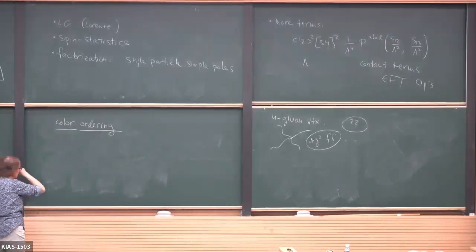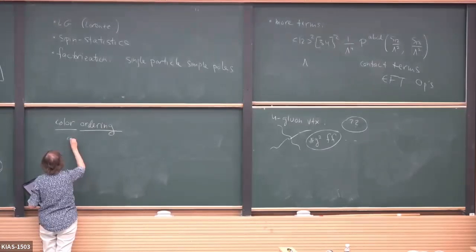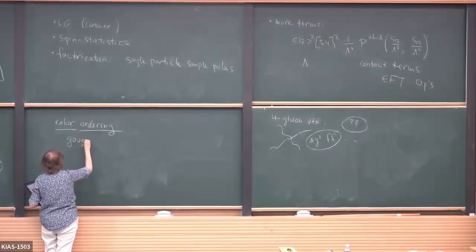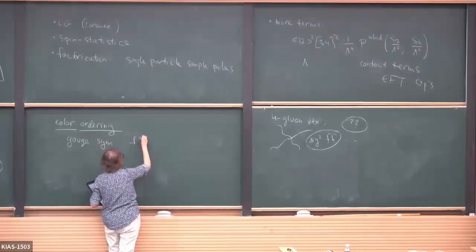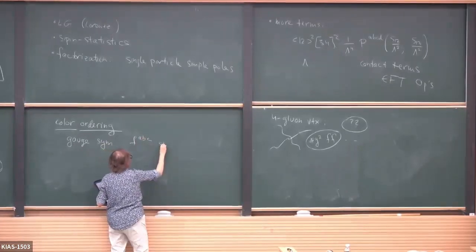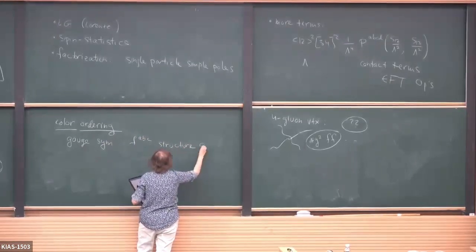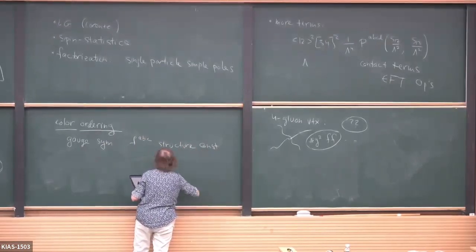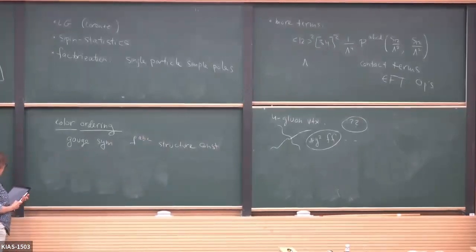At this point, we know that the f's are really structure constants. So we know that we have some gauge symmetry. And we know that the f^{abc} are structure constants of the relevant Lie group.